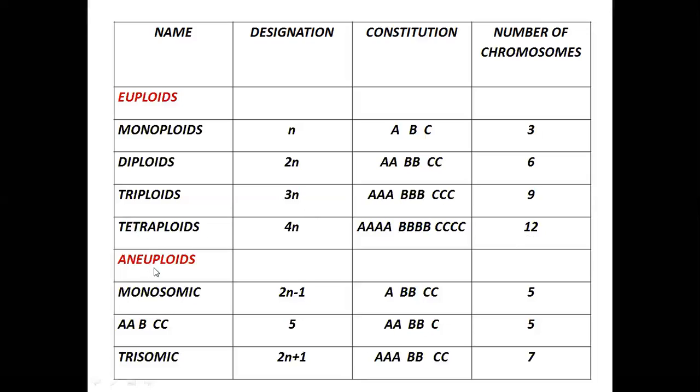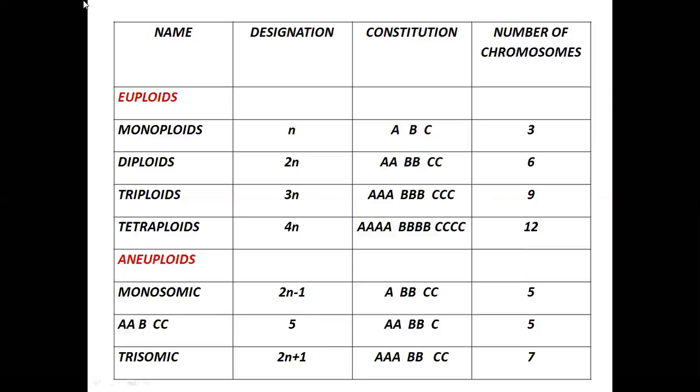When it comes to aneuploids, where you find a missing, loss or gain of chromosomes, the terminology we discussed was monosomic. Monosomic would be 2n minus 1, where one chromosome is lost due to non-disjunction.